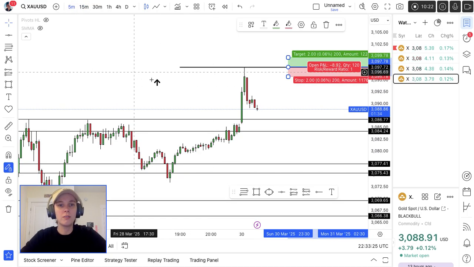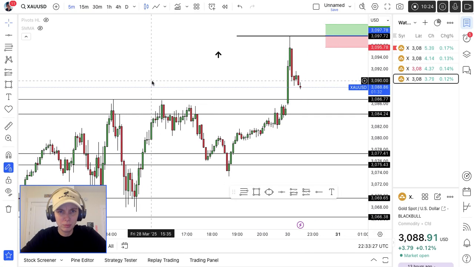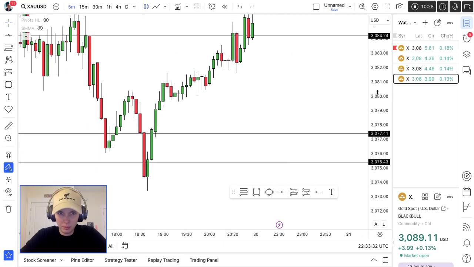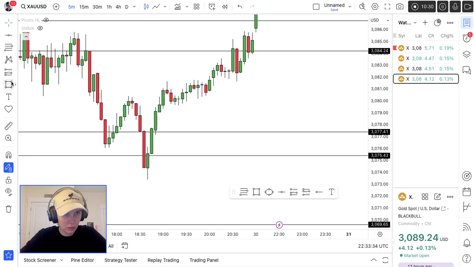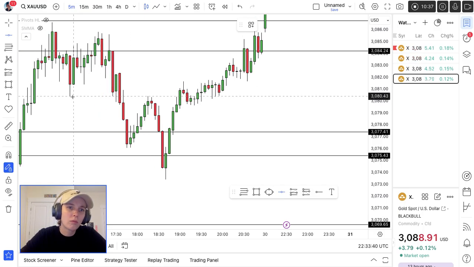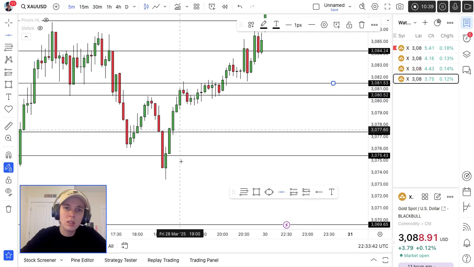And then going down to the 5-minute time frame, we have previous resistance here.